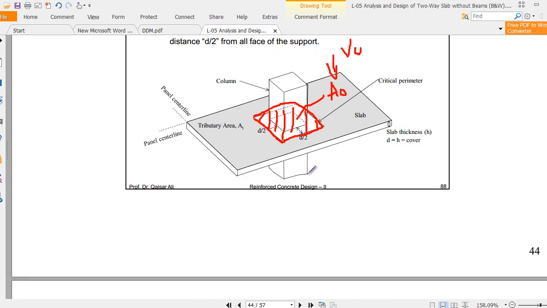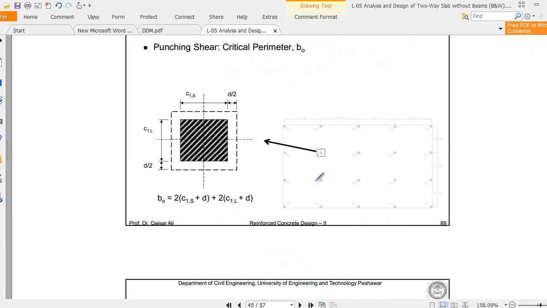It is very important to understand that for various columns, like this interior column, this edge column, and this corner column, we determine the side of our critical perimeter and the critical area. This side of the critical perimeter will be the column side size, let's say C1.